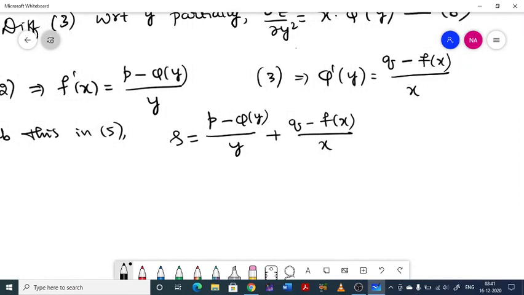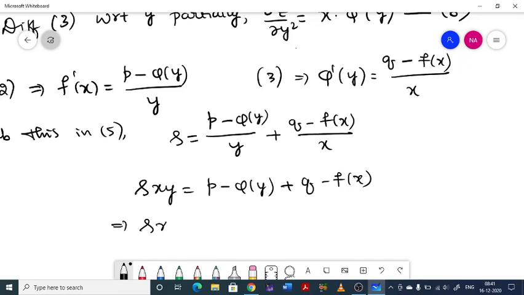Multiplying xy on both sides, we'll get sxy equal to p minus φ(y) plus q minus f(x).